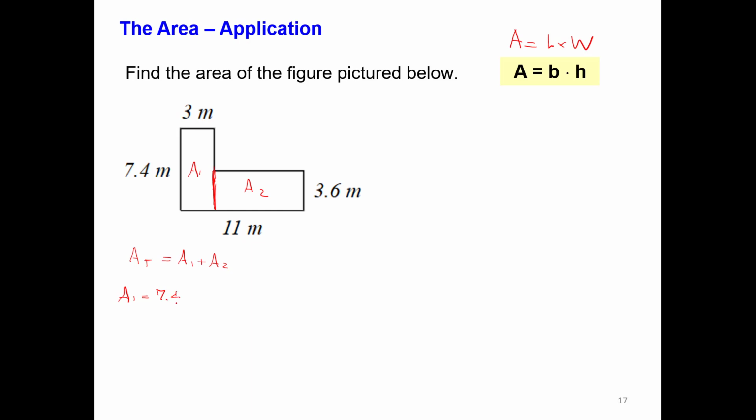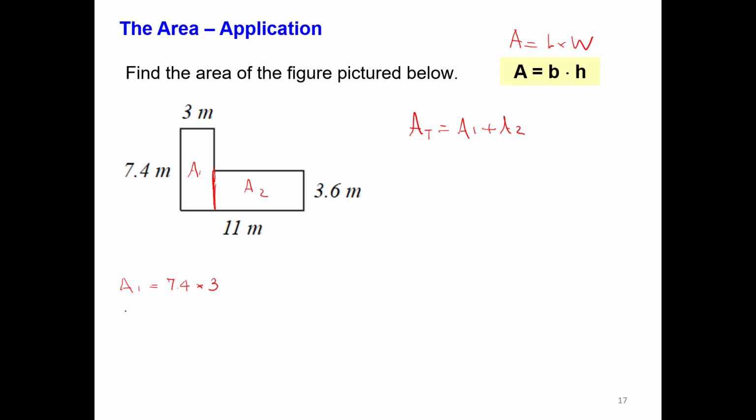Let me write this equation here, because I want to do the calculations on the bottom. And the total area, and let's calculate now, area 1 will be 7.4 times 3.